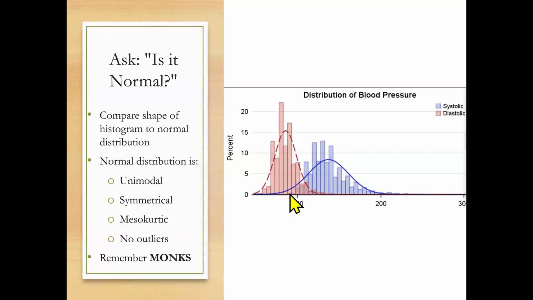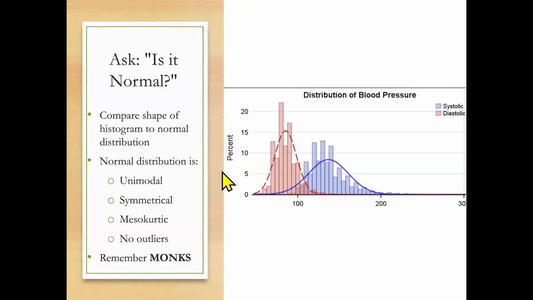But notice that we have a cluster of values on the left for the diastolic blood pressure, and we have a little bit more spread out group of measurements over here to the right-hand side that are the systolic measurements. The graph is representing, perhaps, thousands of patients that had both their systolic and diastolic blood pressures measured.